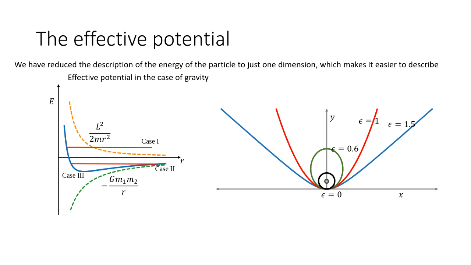So what this is saying is that the green dashed line, the real potential of gravity, and this orange dashed line, which is the centrifugal part of the effective potential, you combine these two things together to give us the effective potential, and that's given by this blue line here.